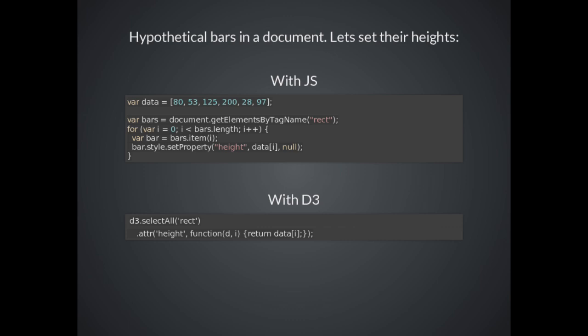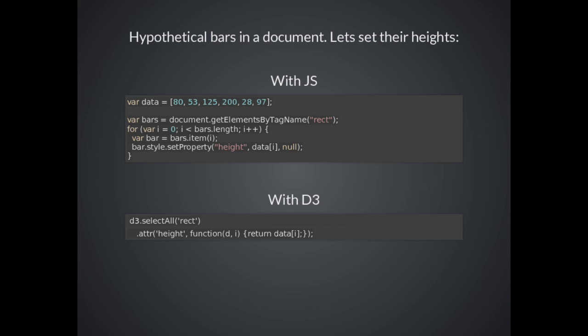We use a for loop, and for each bar we set the height according to some piece of data. We grab the ith element of the data array and then set the height of that bar accordingly. So this is how we can do it in JavaScript, right? And it's pretty verbose. With D3, we get some easier methods. D3, we're going to get into this later, but D3 is this global object. It gives us a selectAll method, so it's an easier way to do what we just did. And then we can actually set the height of all those bars just like this.